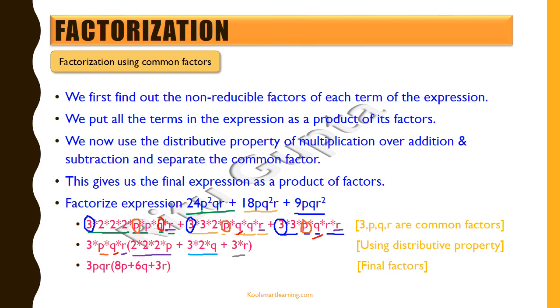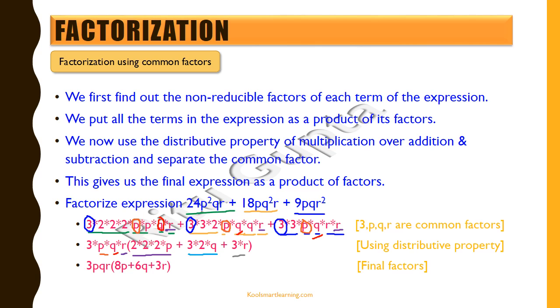Now since we were writing this as the product of factors, we don't need to write it like that anymore. When we do a final factorization, we can join them together and write them in the normal form.